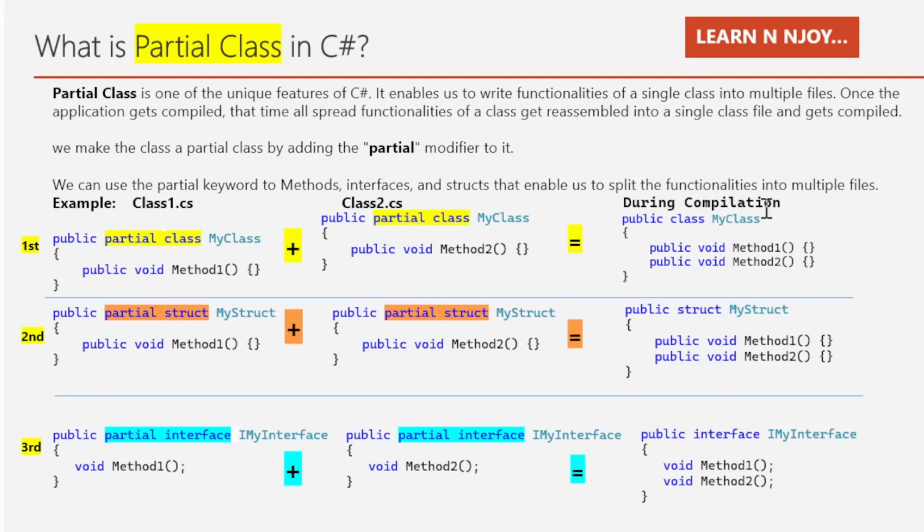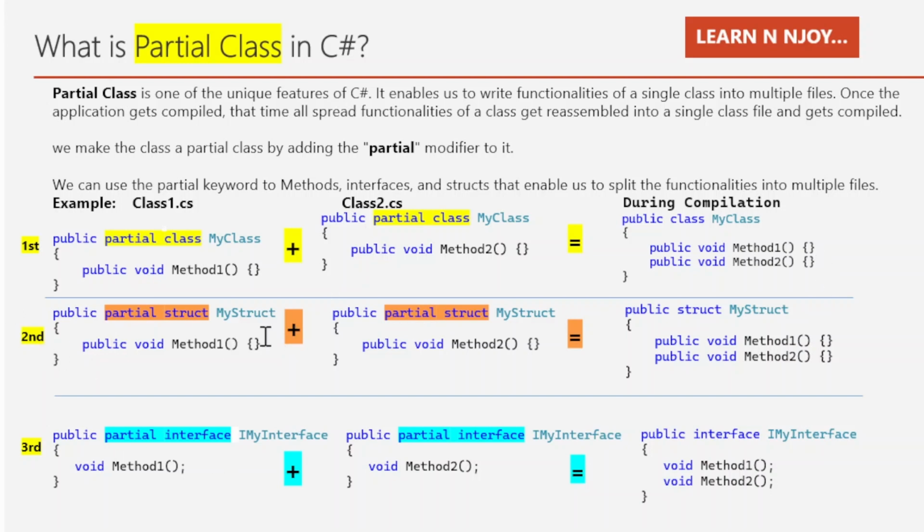During compilation of the program, it collects all the spread functionalities from the different parts of the partial classes and then reassembles them into a single class file, which then gets compiled. So it becomes just a normal class, and that's what you are able to see. It has two methods, method 1 and method 2. Method 1 is coming from the class1.cs file and method 2 is coming from the class2.cs file. Both are partial classes, but during compilation it becomes a single class that has these two methods, method 1 and method 2, right?